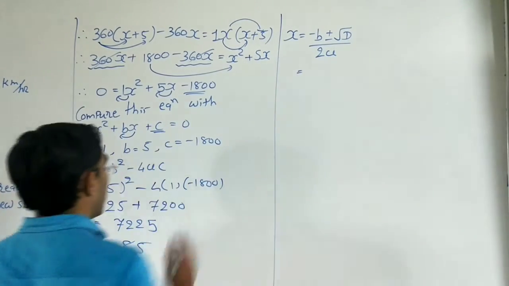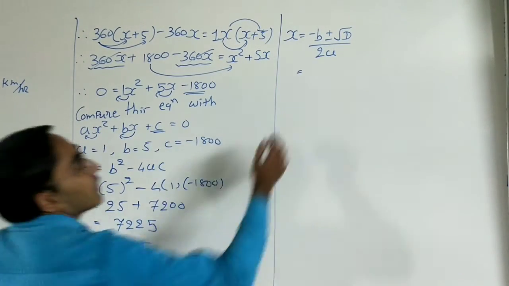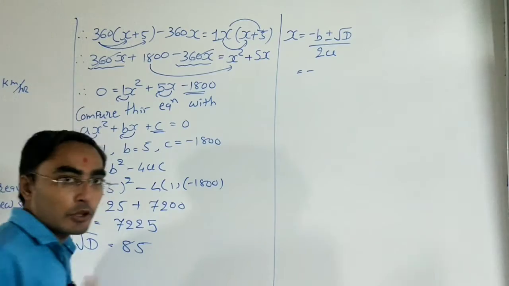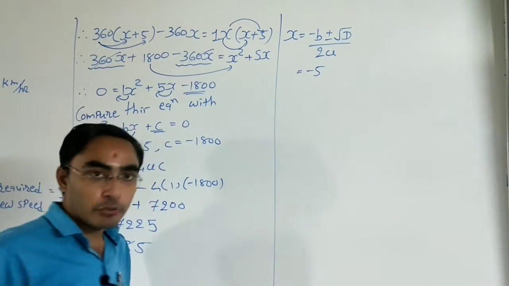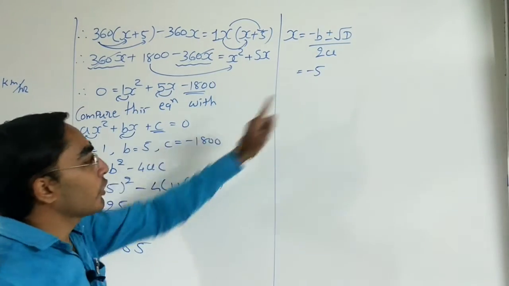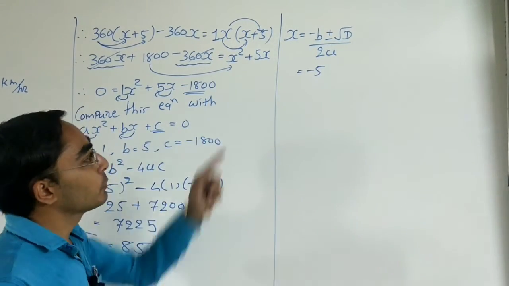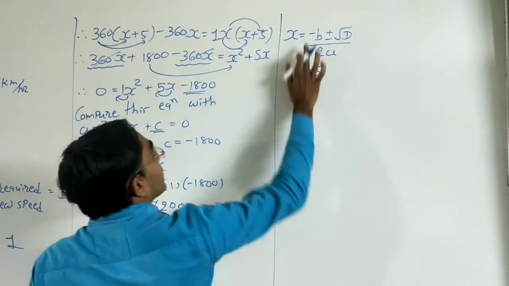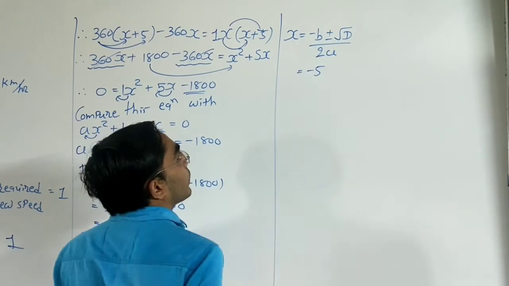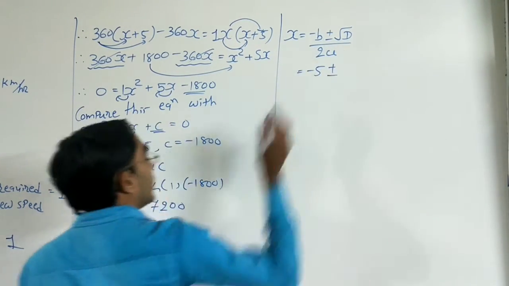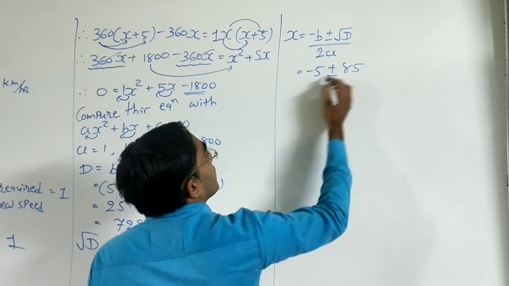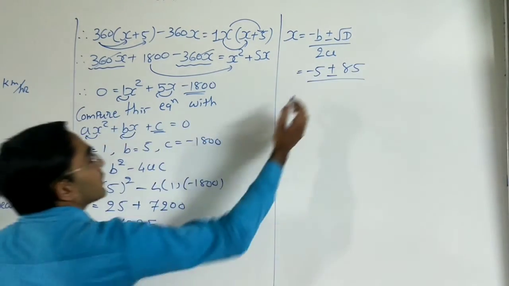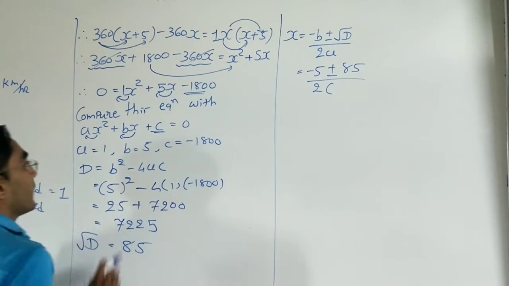So first of all, minus sign as per the formula. The value of b is 5, so here minus 5. Here b is itself positive, so we do not need to put a bracket here. Directly it is minus sign and b is 5. Then plus or minus under root d, it is 85, divided by 2a. 2 multiplied by a, which is 1.